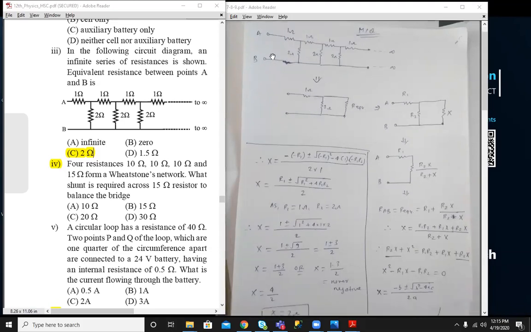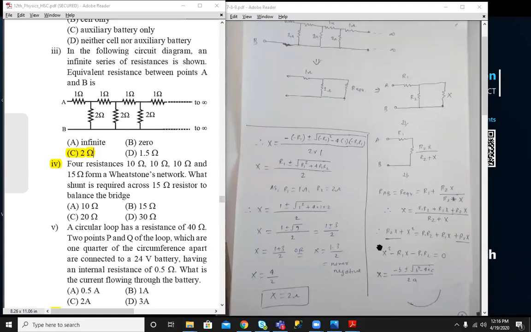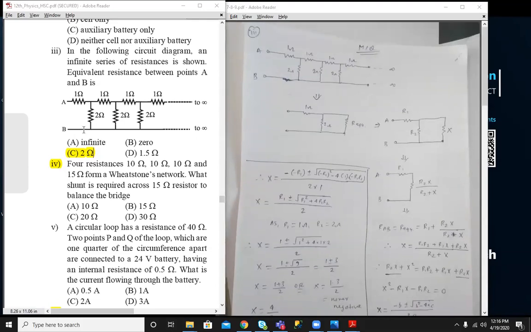Just put it here, R1 R2 with X, and find it out. So this problem also gets solved.